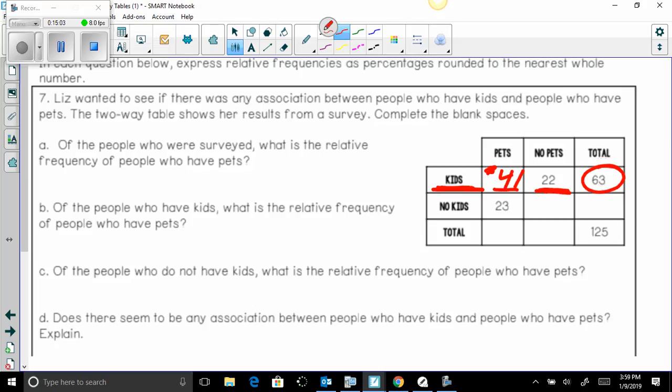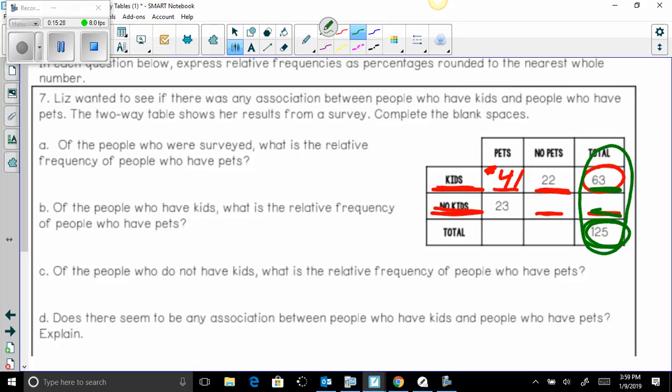Very good, it's 41. How many people who didn't have kids had no pets? Do I have enough information to figure this out if I don't know the total here? I do not, but look what I do know. I know this in the bottom here. Doesn't that help me get the total of this whole column?